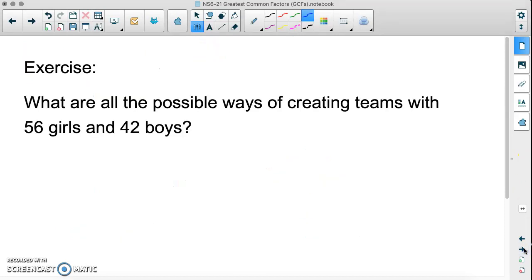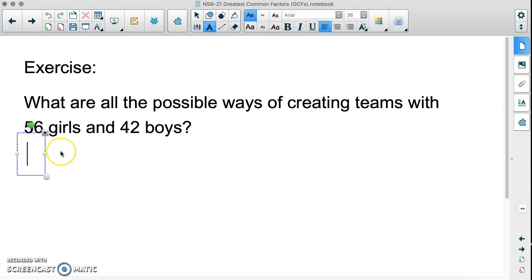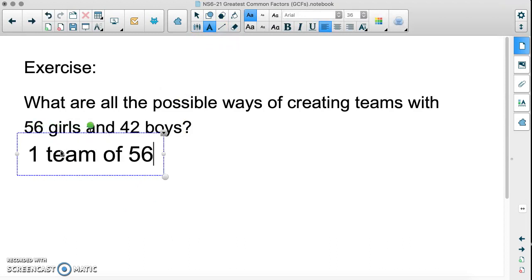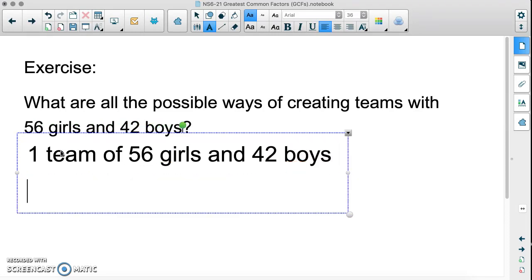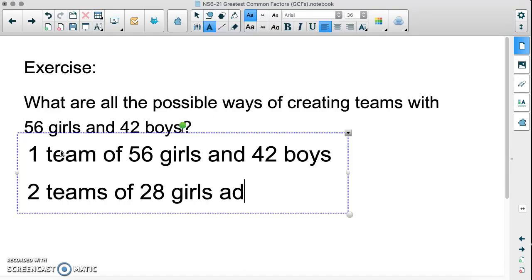So what are all the possible ways of creating teams with 56 girls and 42 boys using the information we just found? Well, we could have one team of 56 girls and 42 boys. We could just put everybody on one team. We could have 2 teams of 28 girls and 21 boys.